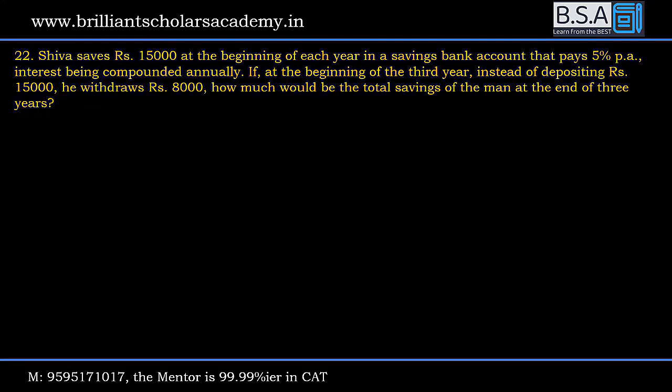Shiva saves 15,000 at the beginning of each year in a savings bank account that pays 5% interest compounded annually. If at the beginning of the third year, instead of depositing 15,000, he withdraws 8,000, how much would be the total savings of the man at the end of 3 years?